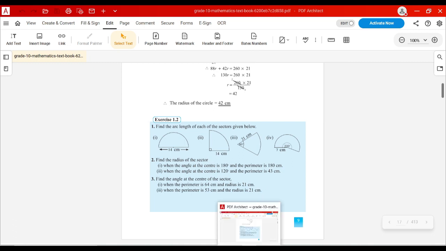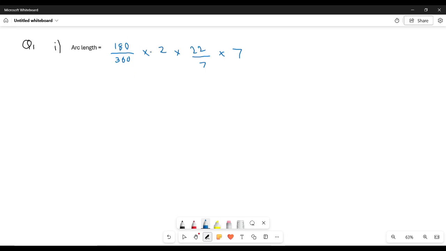So it is 180 over 360 into 2 into 22 over 7 into 7. So obviously we know what to do in this step. When you go to the next step, what happens? 7 and 7 get cancelled, so it's just 1 and 1.